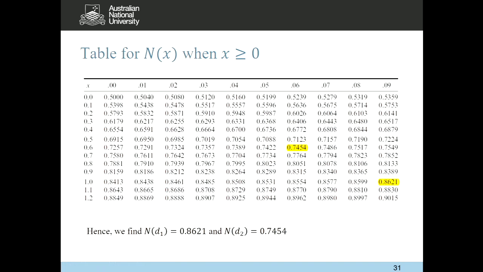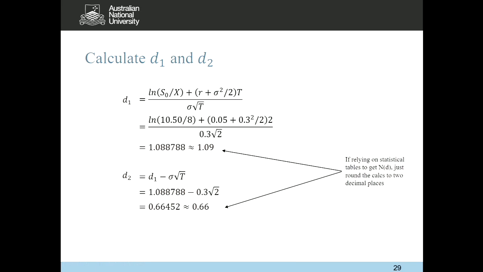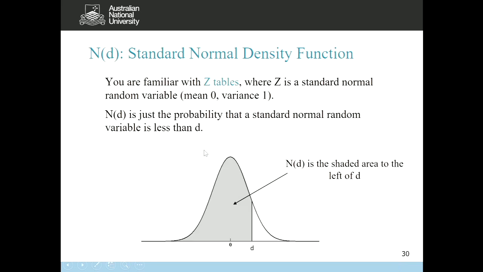You'll be given this table in your final exam. There are two tables, one to look up the positive values and another for the negative values. They look very similar. Remember, d1 is positive 1.09.